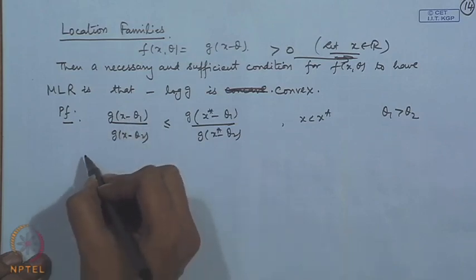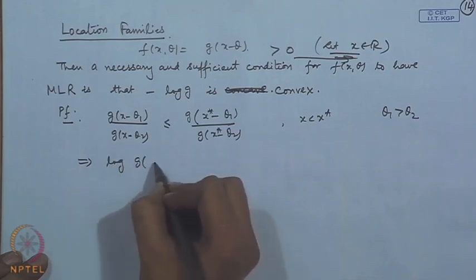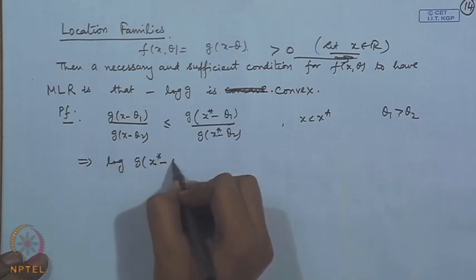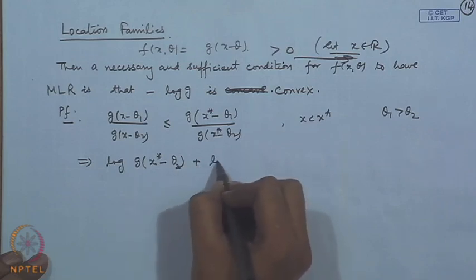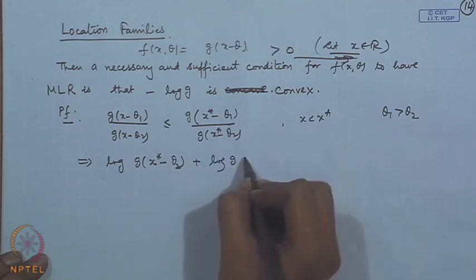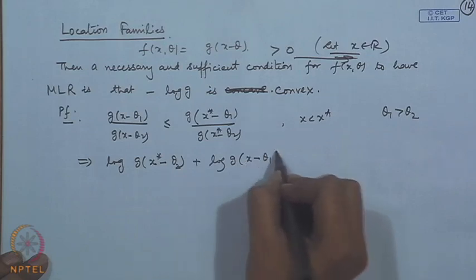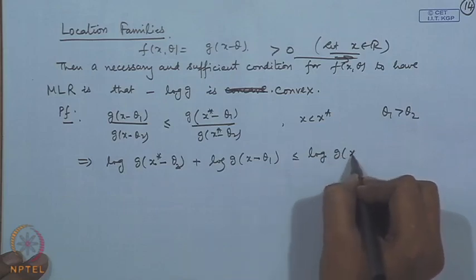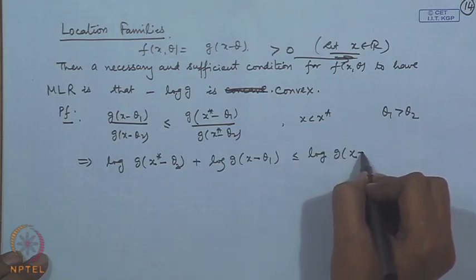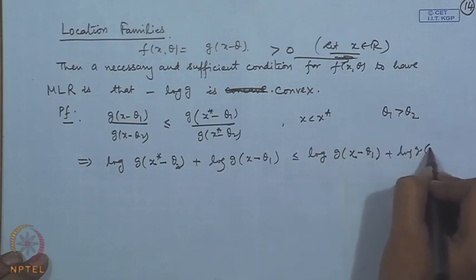So, if I take logarithms, this is reducing to log of g of x star minus theta 2 plus log of g of x minus theta 1 less than or equal to log of g of x minus theta 2 ... plus log of g of x star minus theta 1.